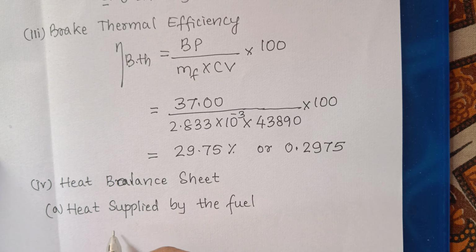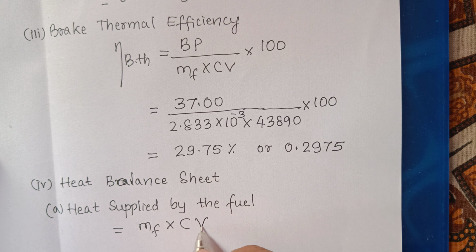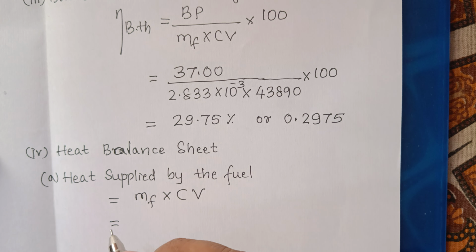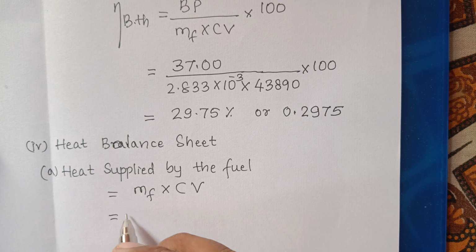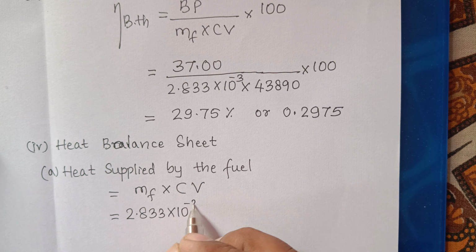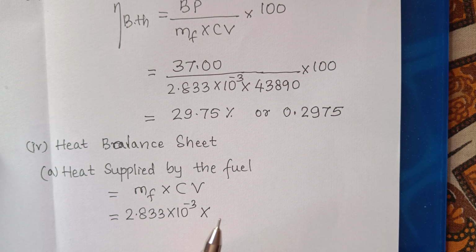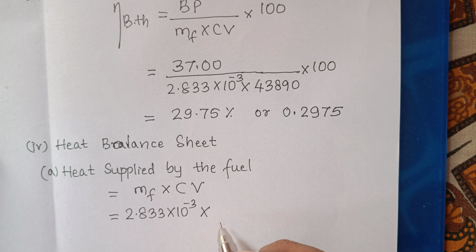Heat supplied by the fuel is mass of the fuel multiplied by the calorific value of the fuel. So mass of the fuel is 2.833 into 10 to the power minus 3, which you have converted from kg per hour into kg per second, into the calorific value.